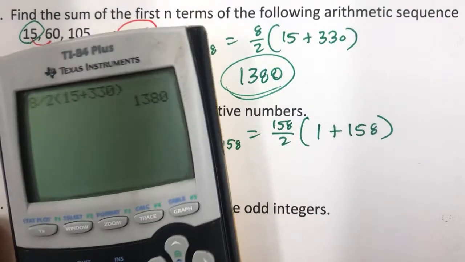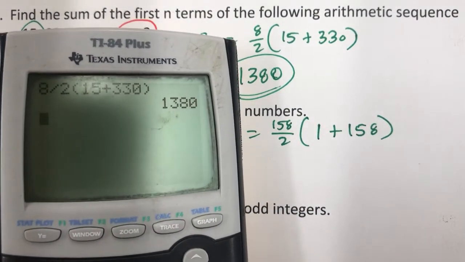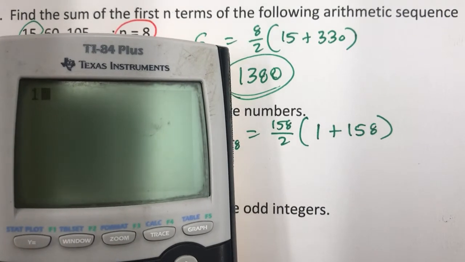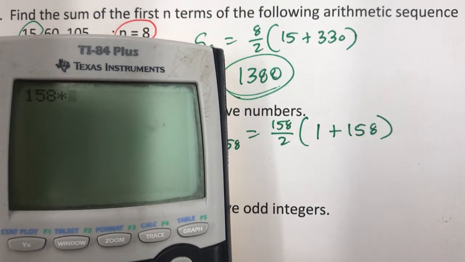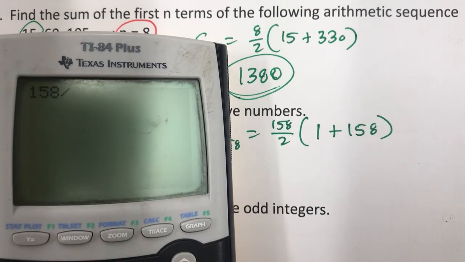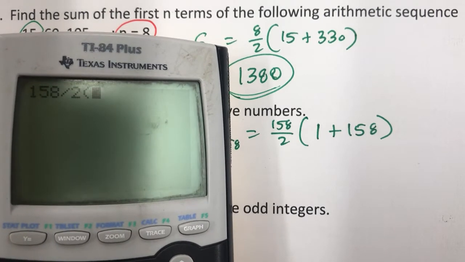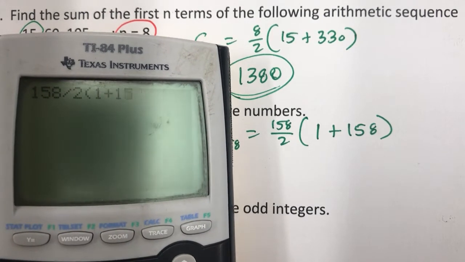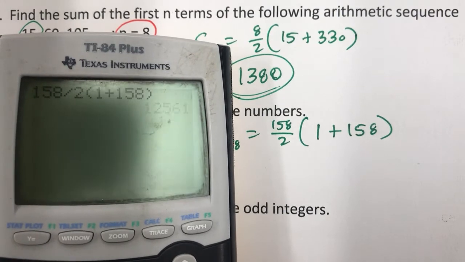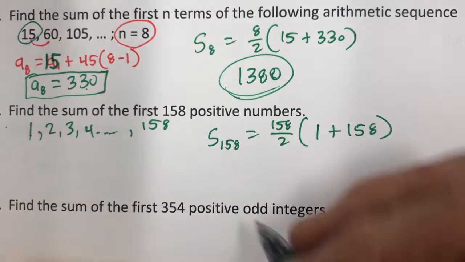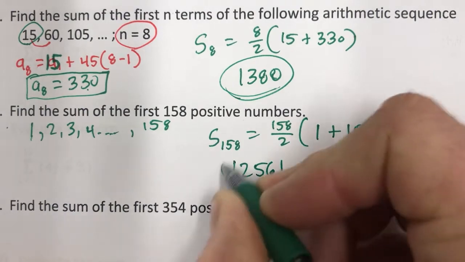So now just type this in. 158 divided by 2 times 1 plus 158. And it looks like 12,561. Here's my answer.